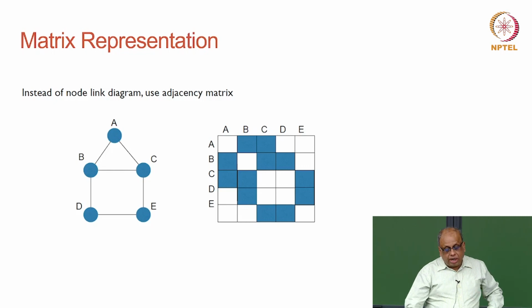Also, what people have done is that, instead of a node link diagram, they have used the adjacency matrix and created visualizations based on that. Given the node link diagram, you can talk about the adjacency matrix and show the adjacency matrix instead of the node link diagram.